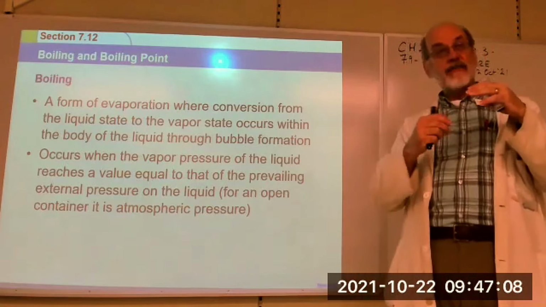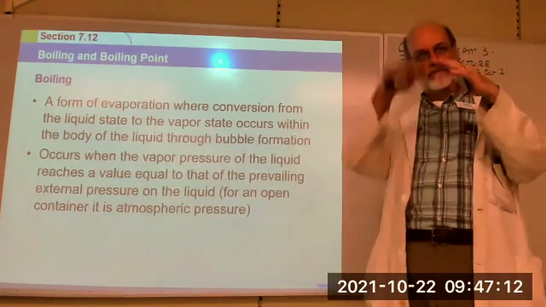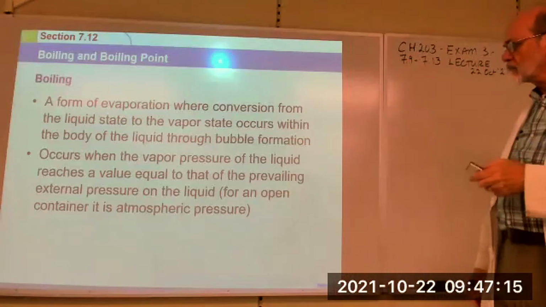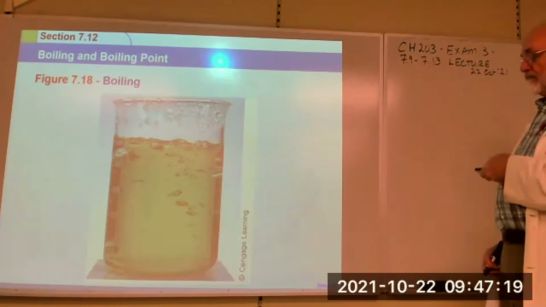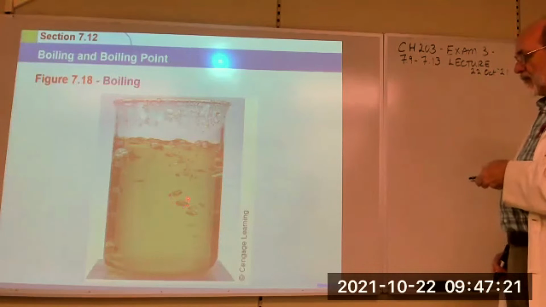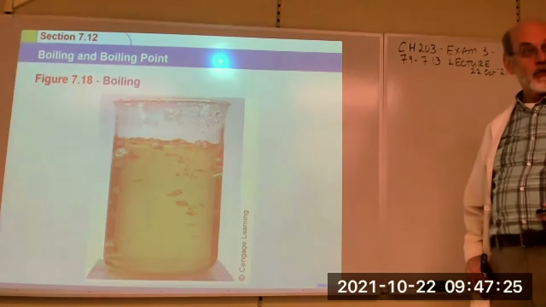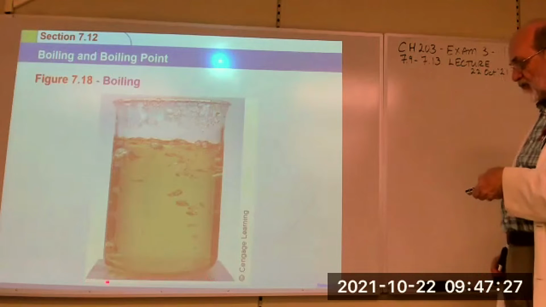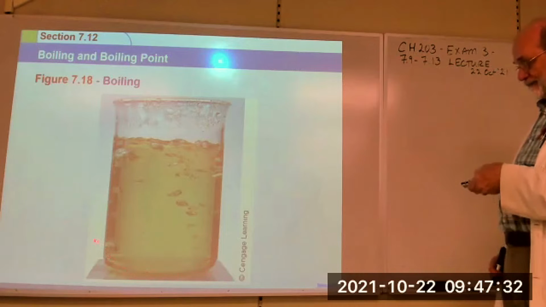So if you add more heat and they're moving faster, now they can kick butt, move out. So where do these gas pockets form? They form near the heat source, right? Down here at the hot plate. So they're going to boil down here.